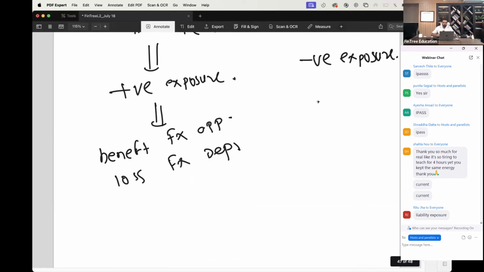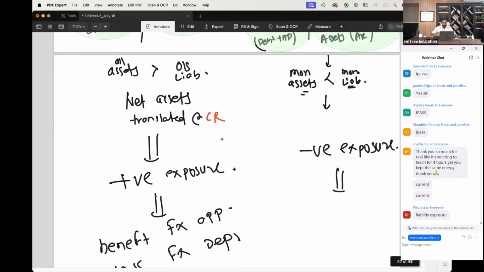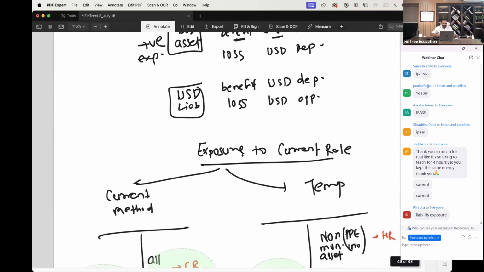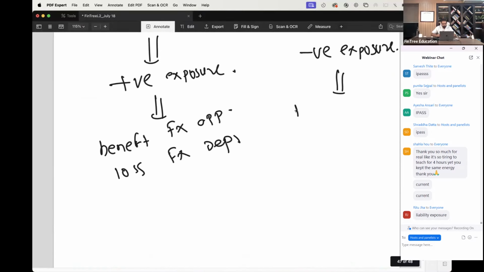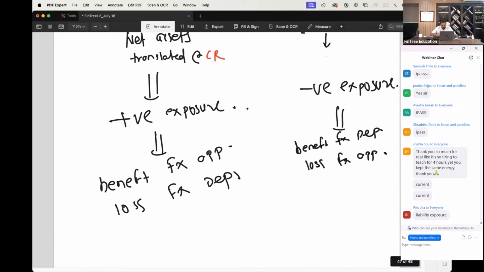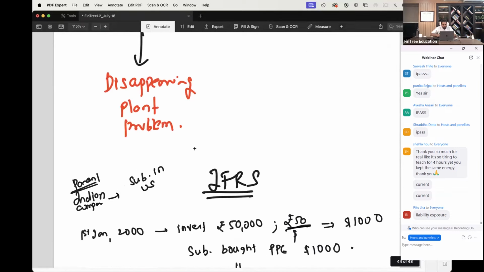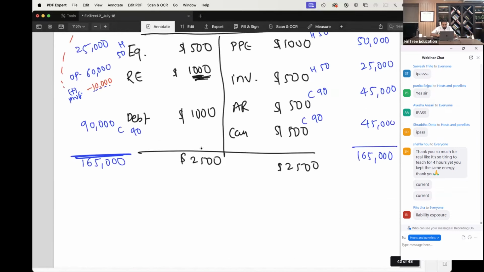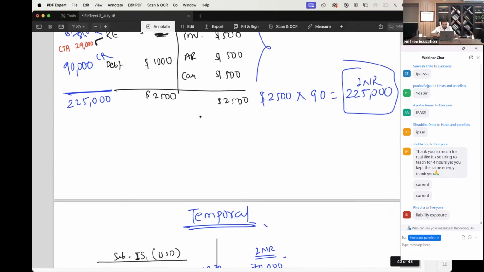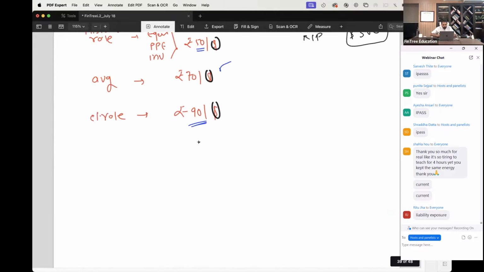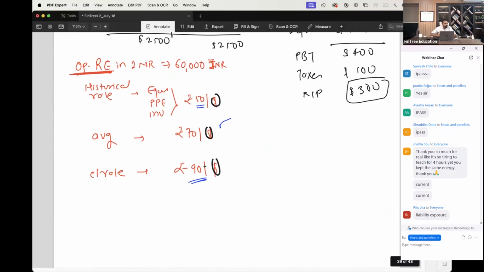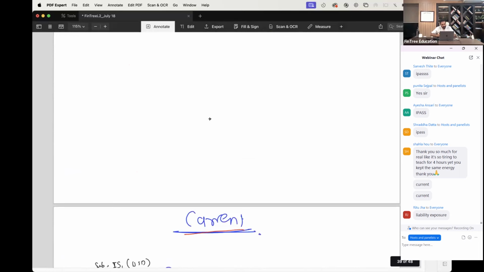So net exposure negative. That means it's like a liability. So here I will benefit if the foreign currency depreciates, but I will have a loss if the foreign currency appreciates. In our example, foreign currency was appreciating, because see how rupee was moving from 50 to 70 to 90. Foreign currency was appreciating.